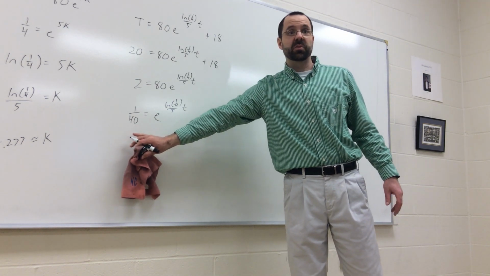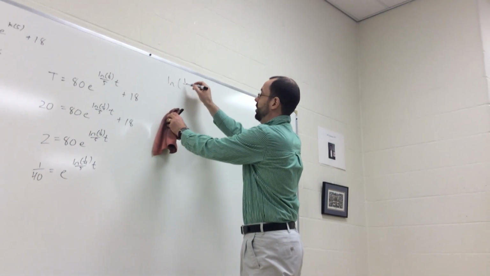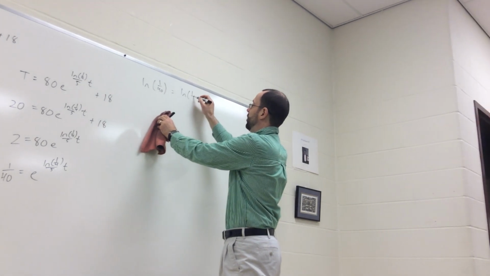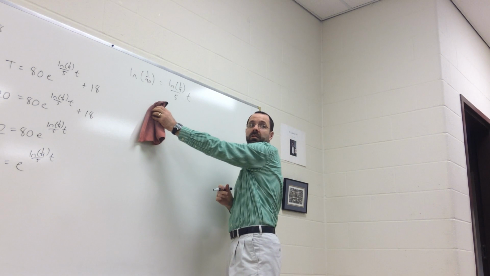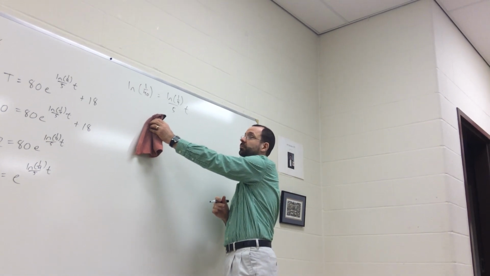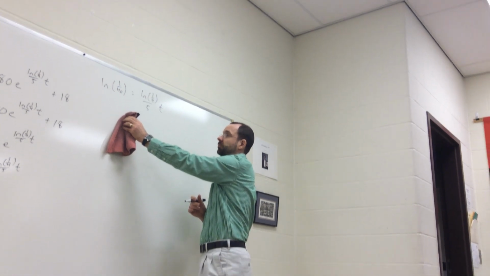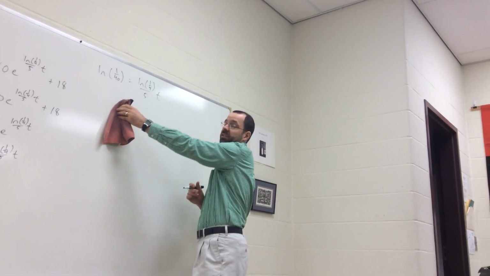Then you take the natural log of both sides, so that's the natural log of 1/40th equals the natural log of 1/4 divided by 5 t. The division of natural logs is subtraction within the... Sure, if you wanted to, you could rewrite this as natural log of 1 minus the natural log of 40.